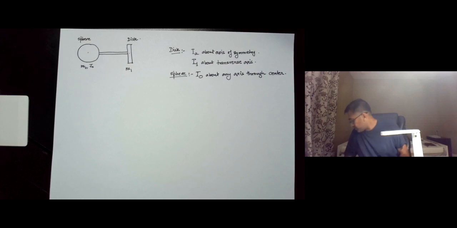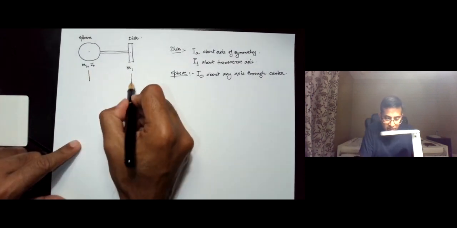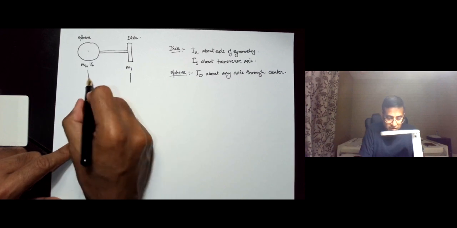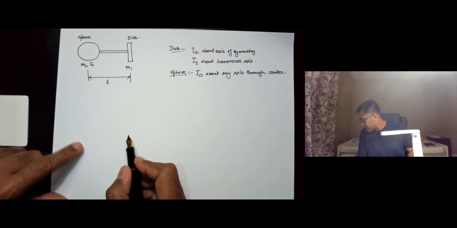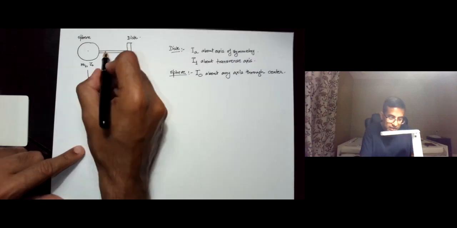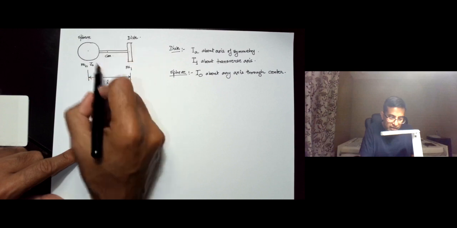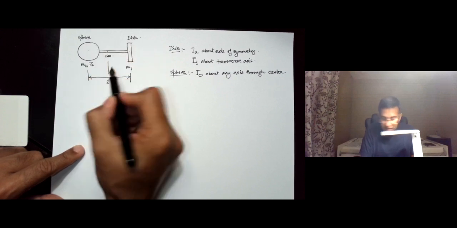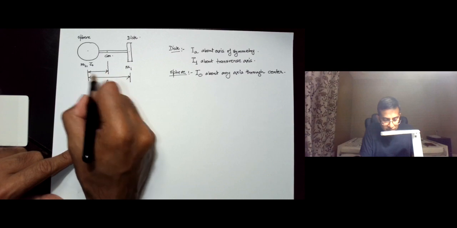Now, it is given that the distance between these two rigid bodies is L, and furthermore the center of mass of the assembly is somewhere here.